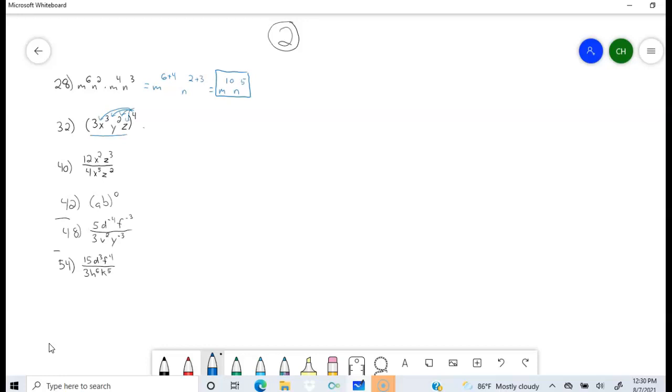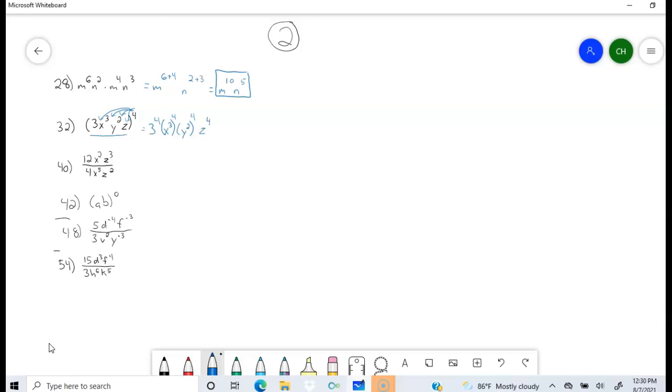So it's going to become 3 to the 4th, x to the 3rd to the 4th, y squared to the 4th, z to the 4th.